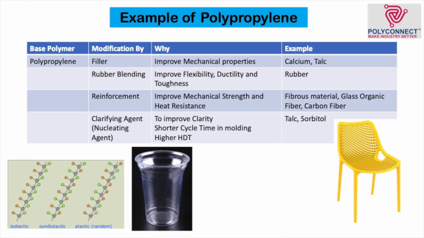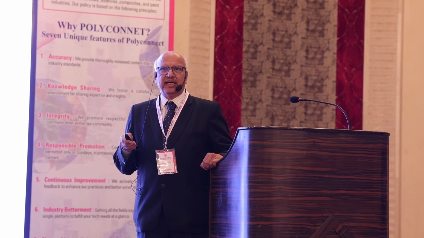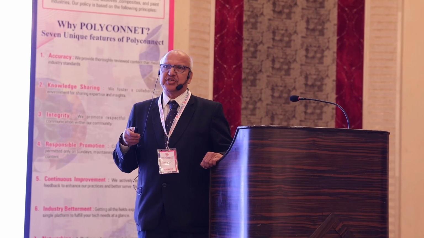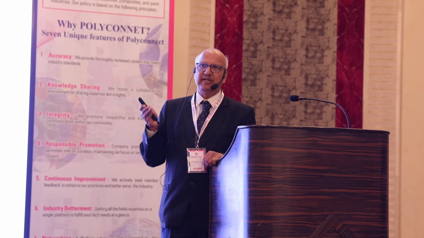Some examples, like polypropylene, which is widely used in the automotive and white goods industries. In some places this polypropylene has replaced ABS. Even some special grades are available to match the gloss of polypropylene with ABS.